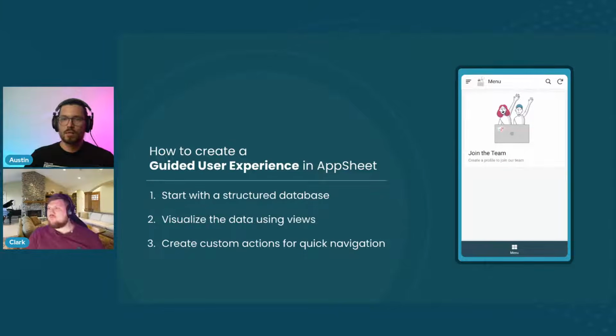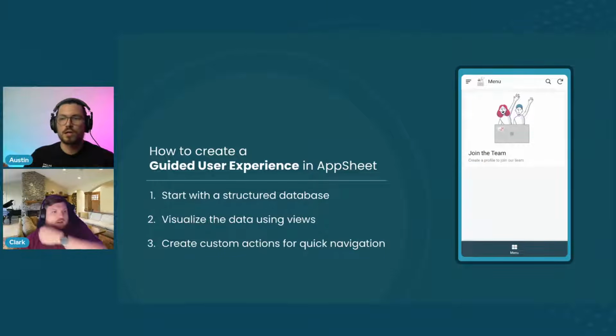A lot of times AppSheet does a pretty good job of understanding how your data should look once it's connected to their AppSheet editor. But you always want to update it and make things easier for the end user to move around in your app. So the way we do that is using views and creating custom navigations within those views.